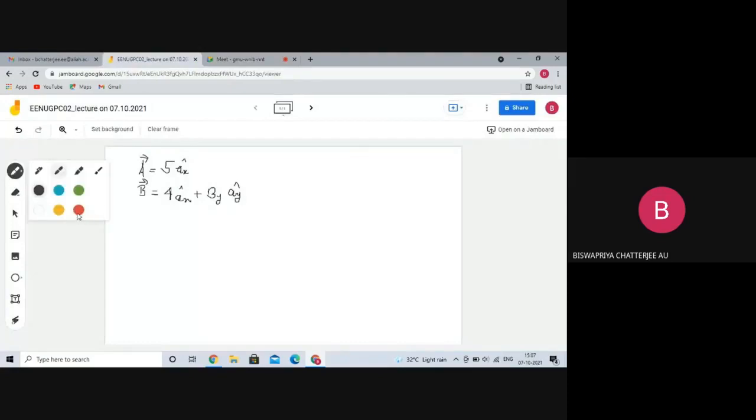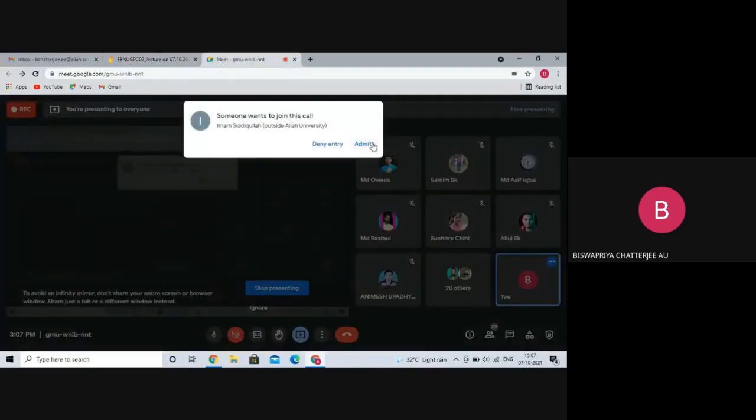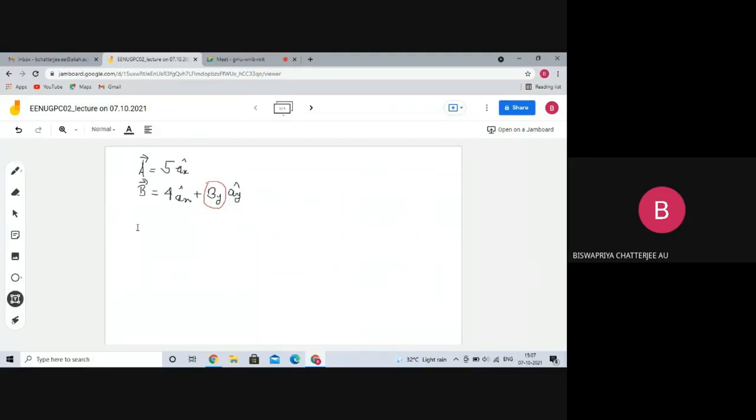So by is unknown to us. We have to evaluate by such that the angle between A and B is 45 degree.